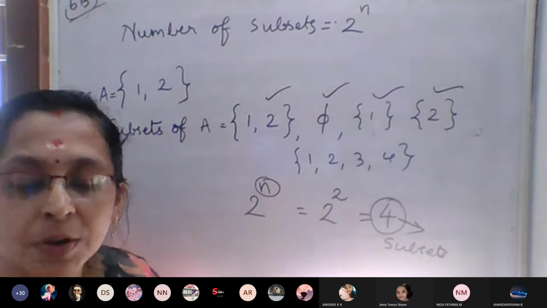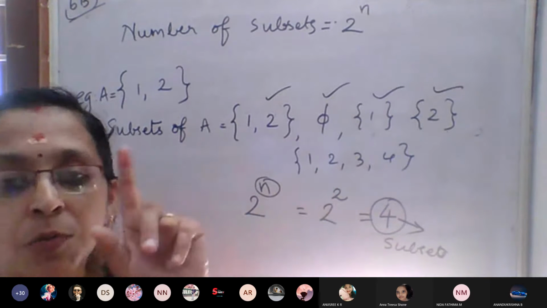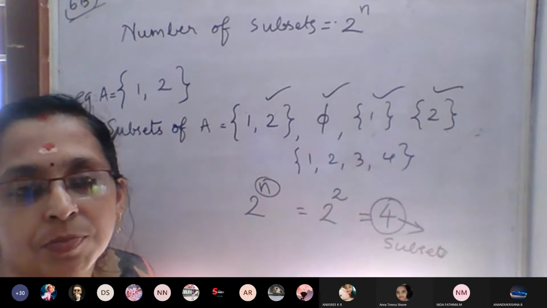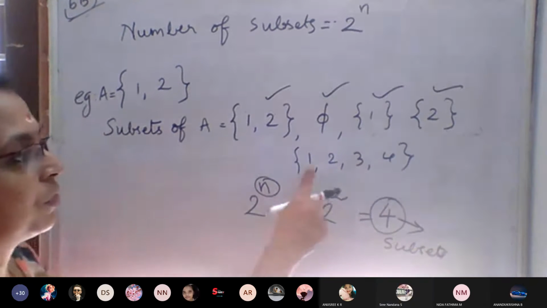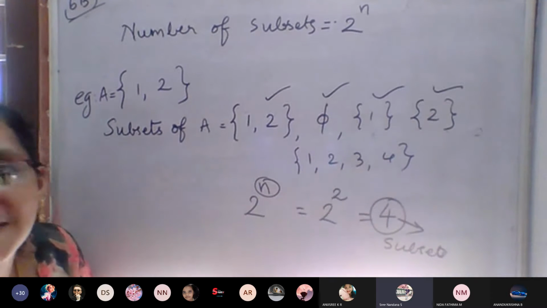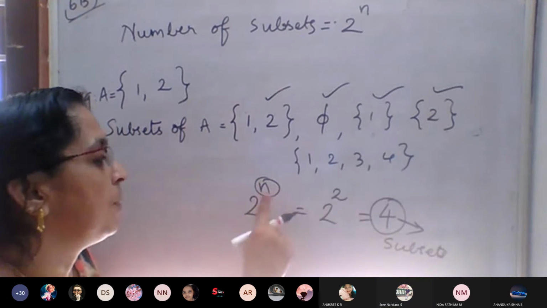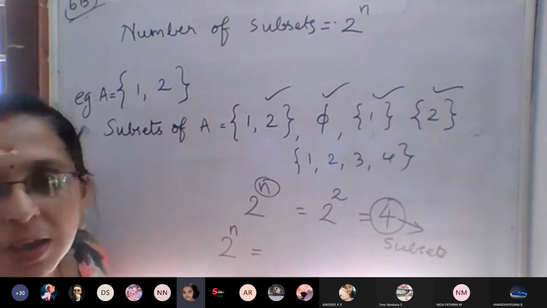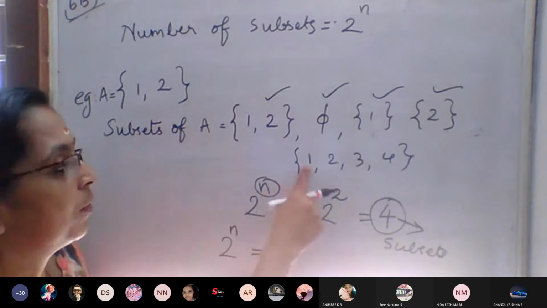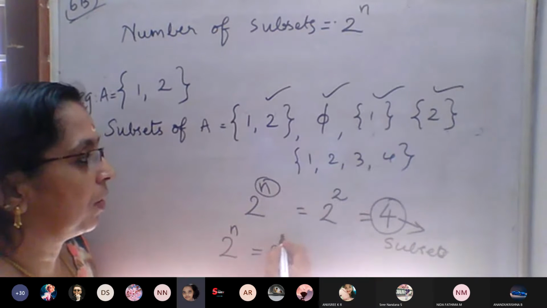First find the number of subsets. 2 raised to n, where n stands for 6, gives 64 subsets.